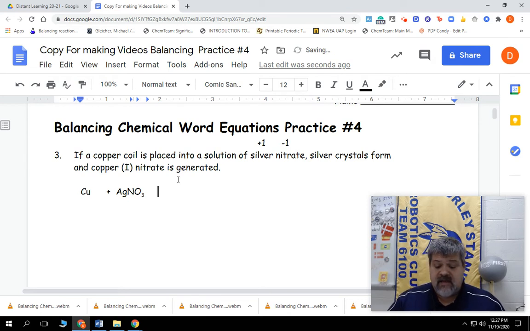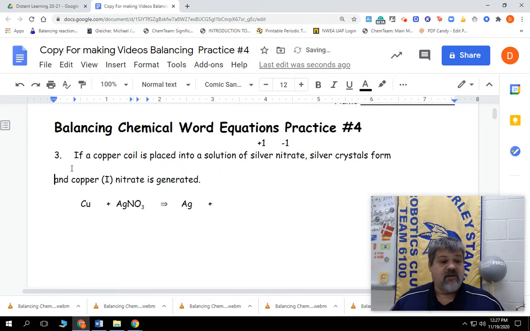So that's going to create silver crystals. Silver crystals is just going to be silver, Ag, and then copper 1 nitrate. One of the things we have to figure out is the charge of copper. This is a type 2, so the Roman numeral tells us the charge of the copper. So copper is a +1, or a 1+. Nitrate, as it was up here, is a -1.